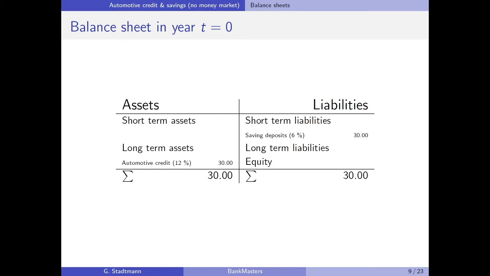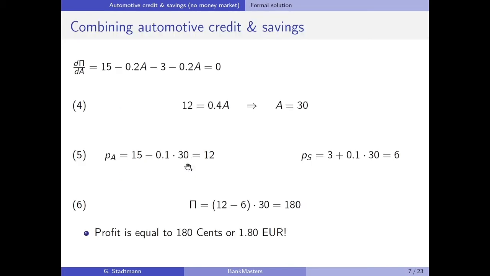When it comes to the balance sheet in year T0, we have seen that we had a quantity of 30 in the automated credit and it was A. And in the saving deposit, we have said that we are assuming that savings and automated credit have the same volume. So that's why it's also stated in here as 30. The thing that we have to consider is that automated credit is stated as long-term assets, and it was already given that it's 12%.